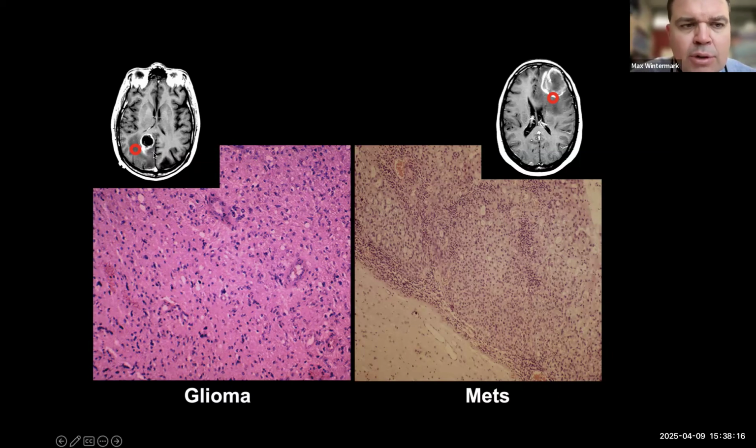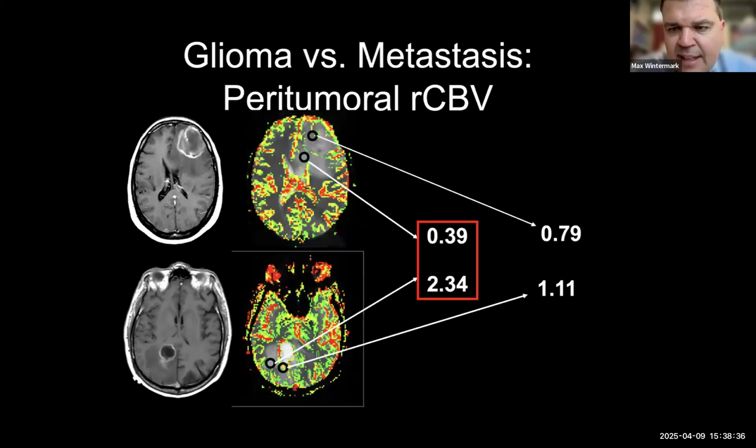And of course, we know that the enhancement is created by the tumoral cells, but there are also some tumoral cells extending in the surrounding region of abnormal T2 and FLAIR signal. The cerebral blood volume is always going to be increased in the area that is enhancing, both for glioma and metastasis.